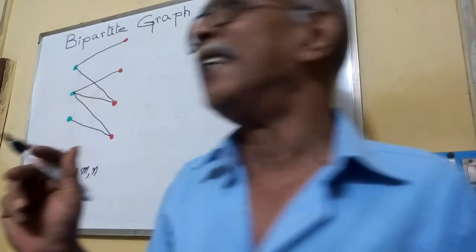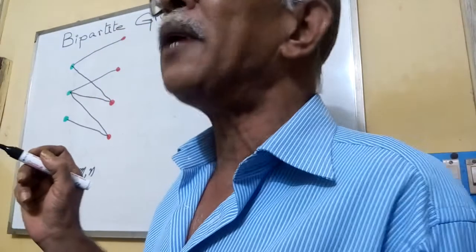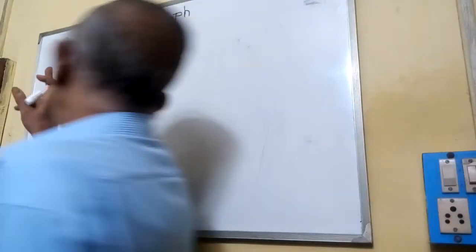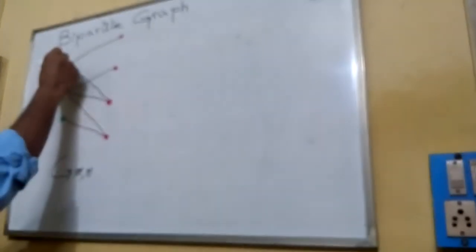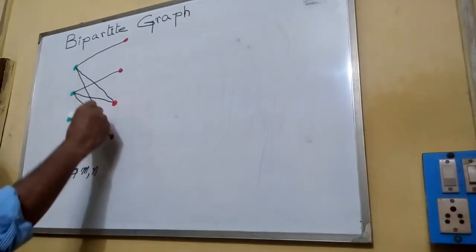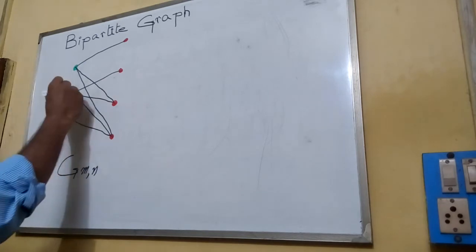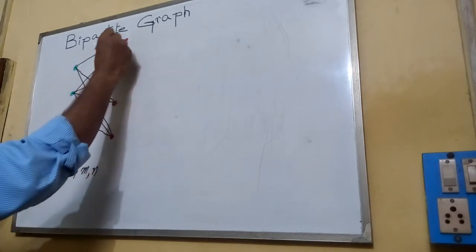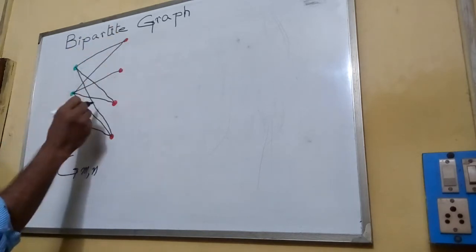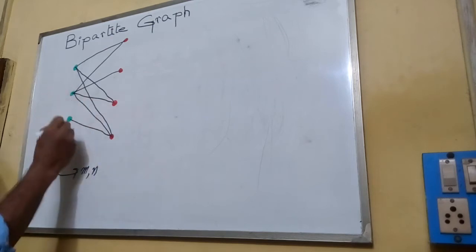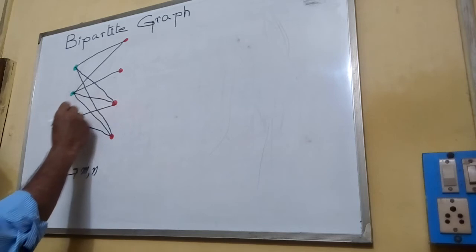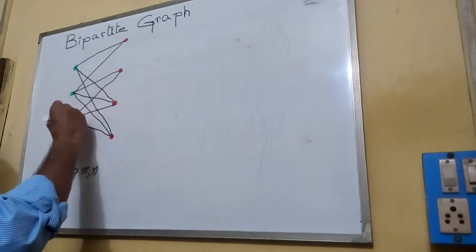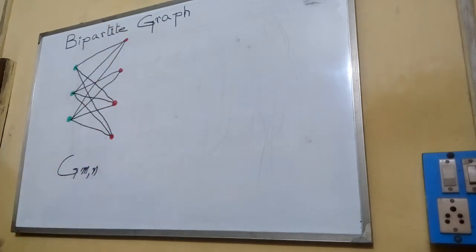Now, what is a complete bipartite graph? For a complete bipartite graph, from every vertex of this side there should be an edge to every vertex of this side. From here to here it is there, here it is there. From here there will be an edge here, there will be an edge here.